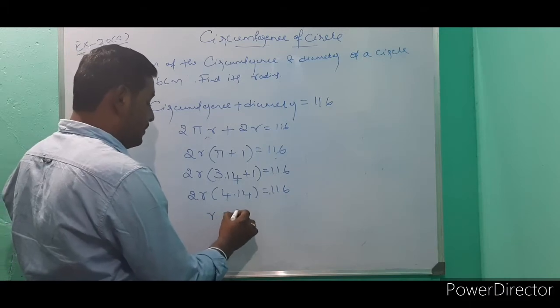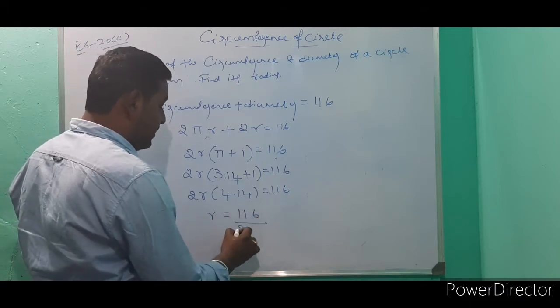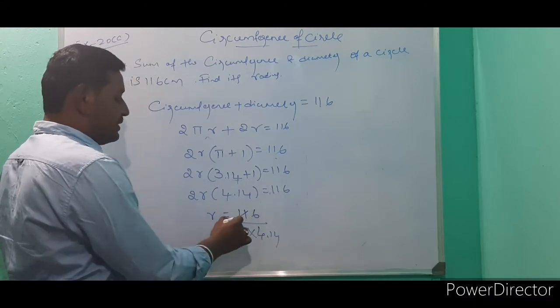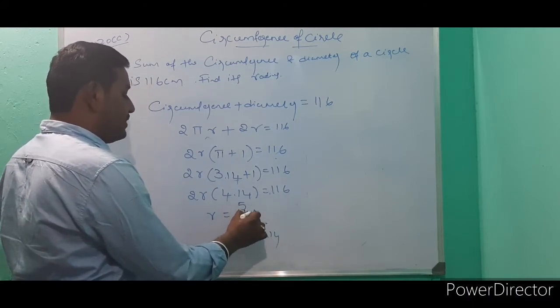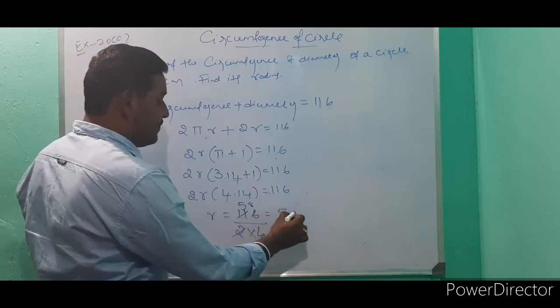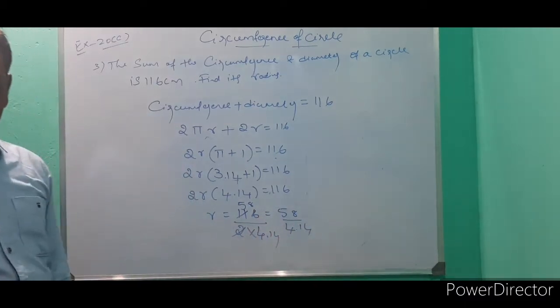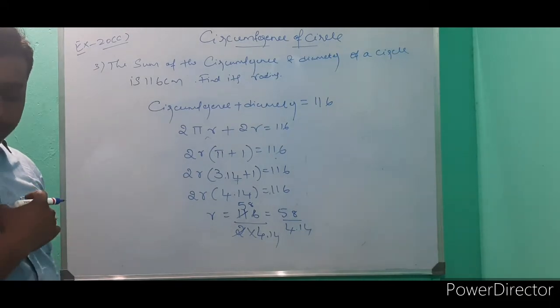r is equal to 116 divided by 2 into 4.14. 2 ones are 2, 2 fives are 10, 2 eights are 16, that is 58 divided by 4.14.